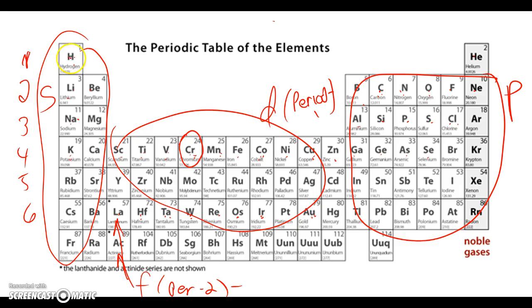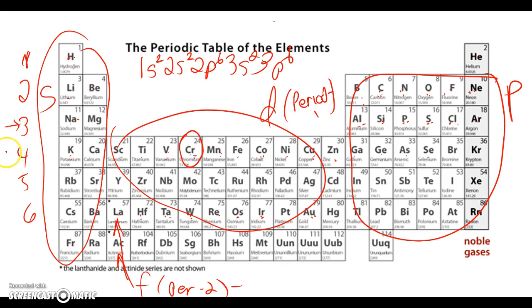In period 1, 1s1, 1s2. So we filled the first S. We come over here to lithium and we have 2s2. Over here, beryllium, we have 2p6. Over here to the period 3, 3s2. Then the 3 p's fill, 3p6.